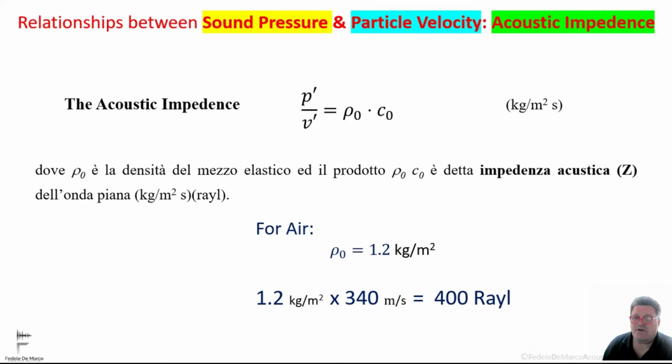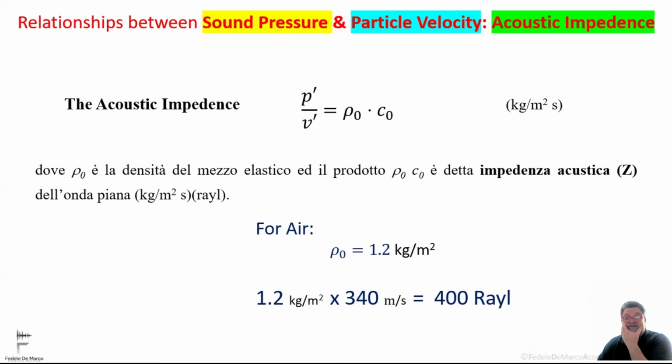It describes the medium in the theoretical case of the plane wave, like the one you have seen in the first lesson. And in this case, it is given by rho zero multiplied by c0, the velocity of sound.